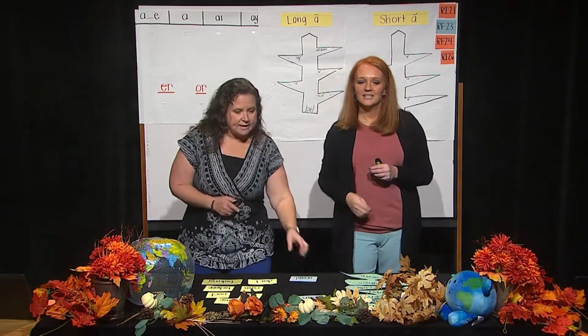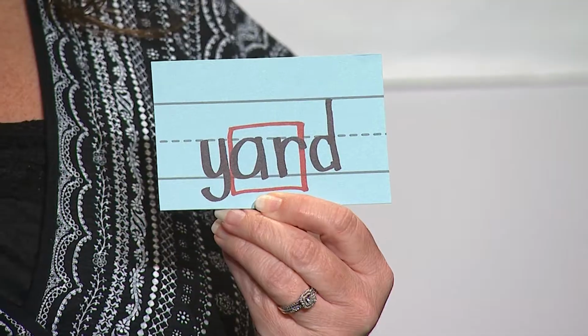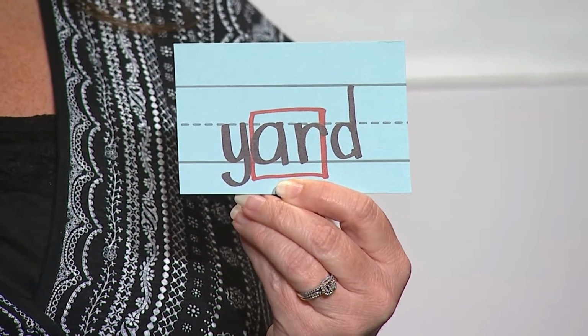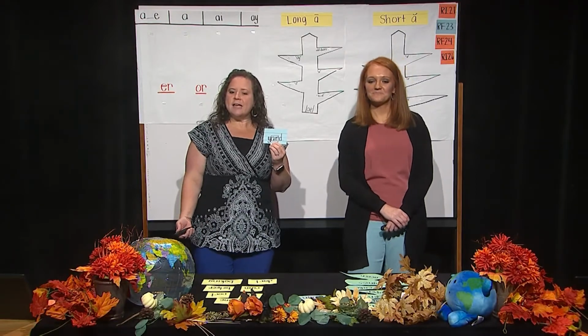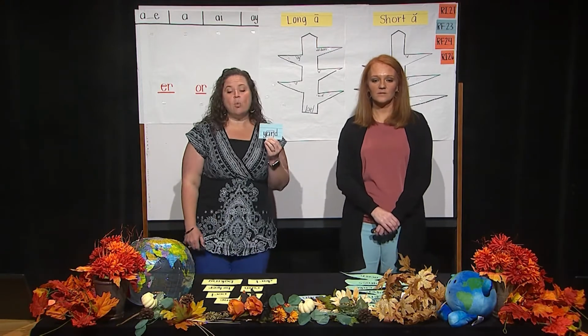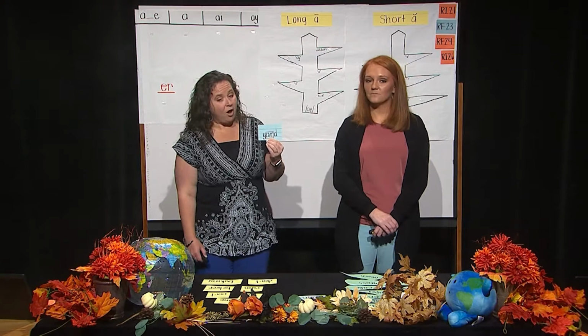Now, here is one more word. Say yard. What's that middle sound in yard? Amazing, it's R. That's the middle or the medial sound. Now, we would spell this R sound with an AR, just like in this word, yard.